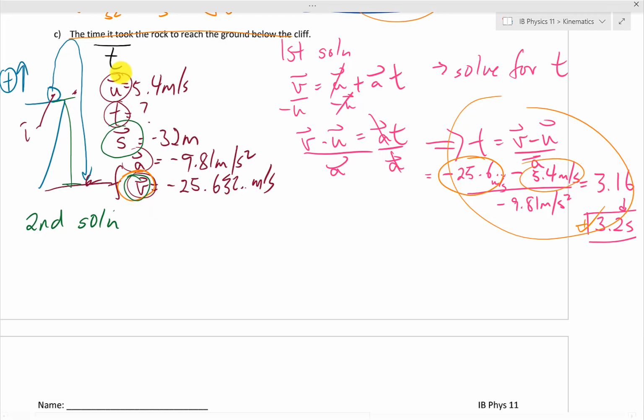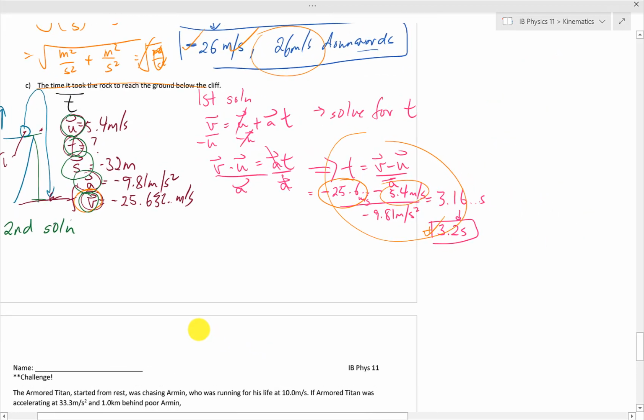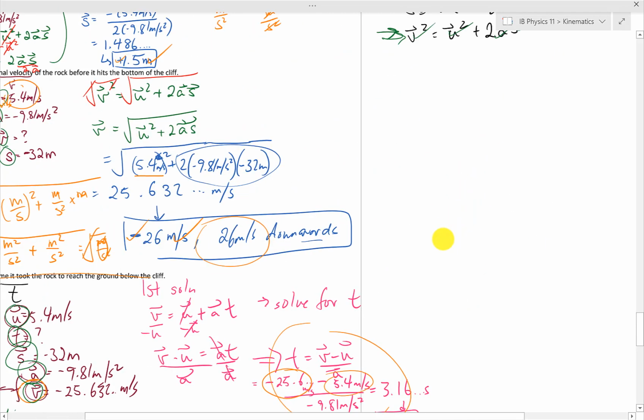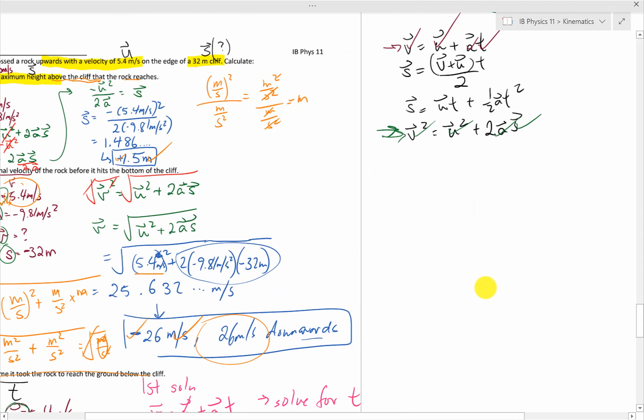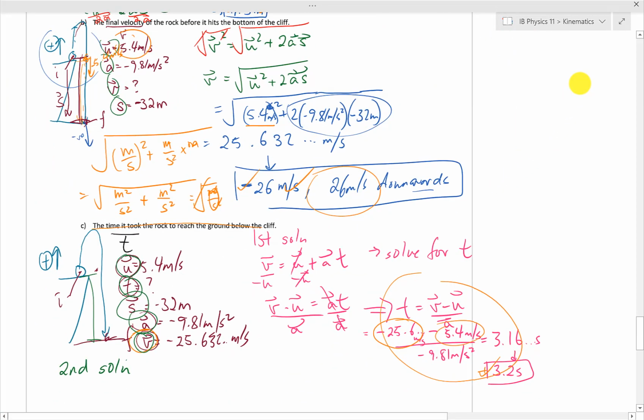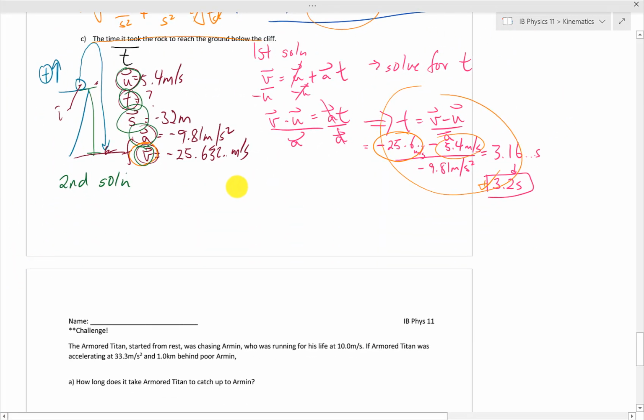So if I had to just use all the values given to me from the question, then it's UTSA, and if I go to my 4 kinematics equations, that would be this one over here, S, U, T and A. Okay, so let's write that down.